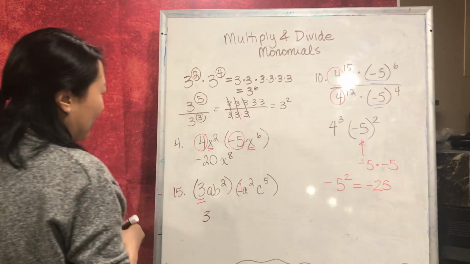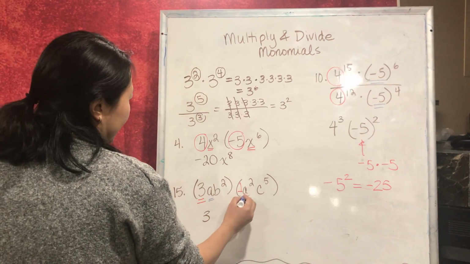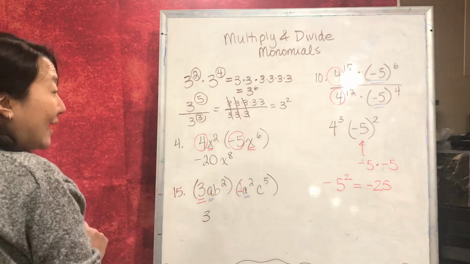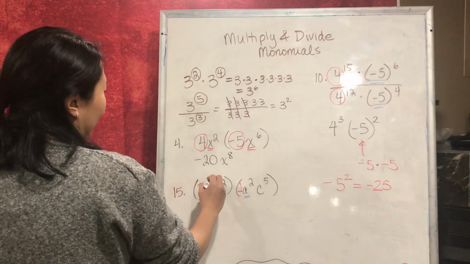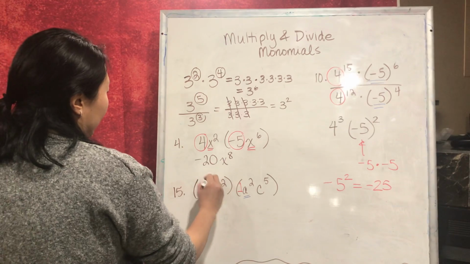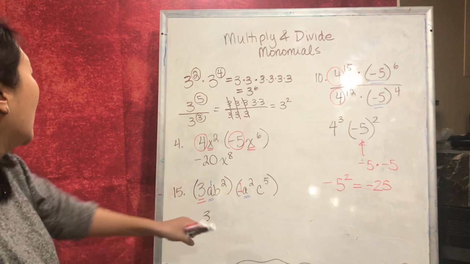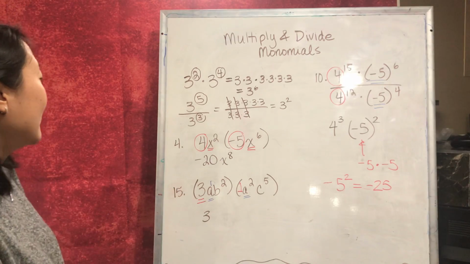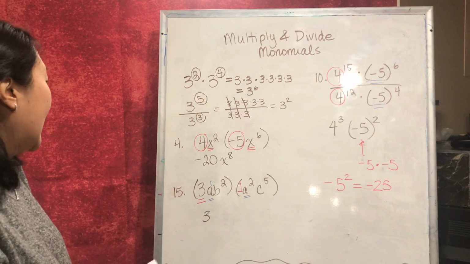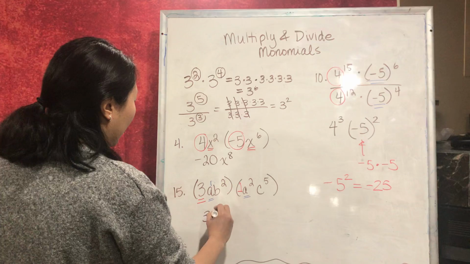Then I'm looking for matching bases again. I see a and a squared. If I only have a, that really means a to the first power. We just don't say it. So a to the first times a squared is going to be a to the third power.